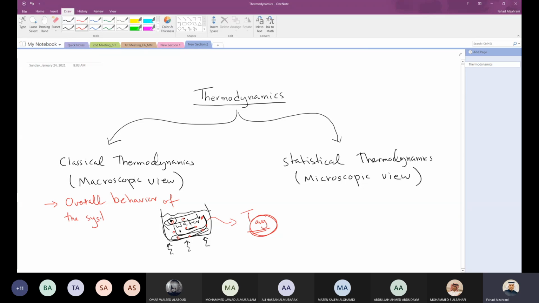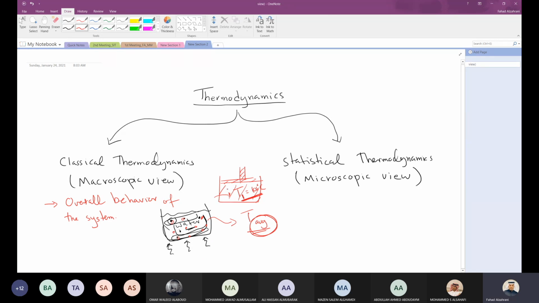So when we talk in this course and say I have a piston cylinder arrangement with gas inside, for example, the temperature of this gas at state 1 is, let's say, 100 degrees Celsius. What I'm referring to as 100 here is an average temperature of the whole system, or overall behavior.